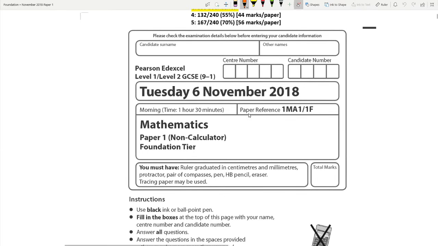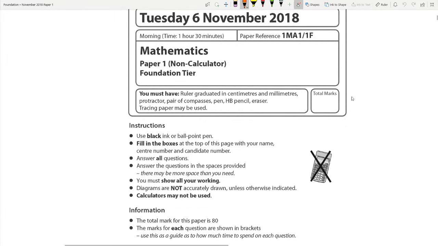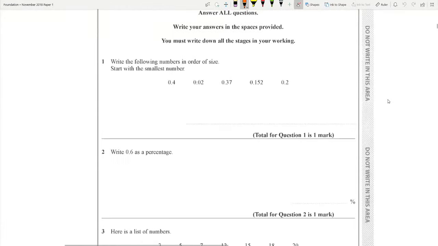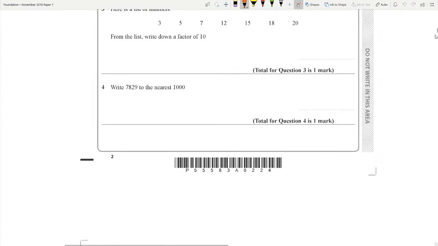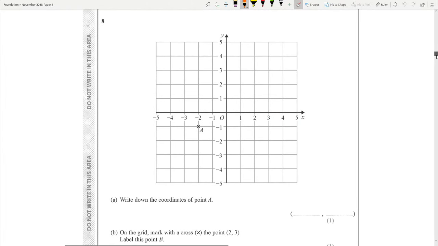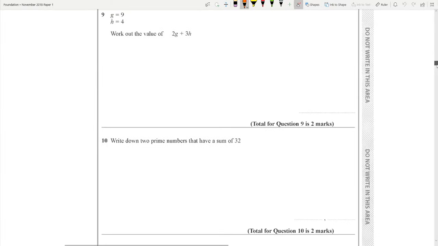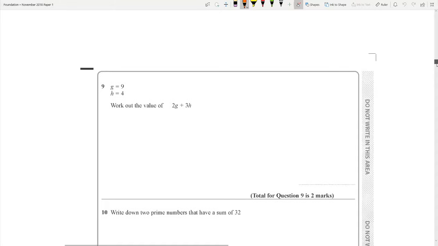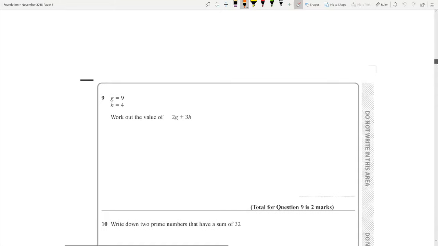Now this is a non-calculator paper. The first thing I always tell my students, whenever you get the exam paper, is to have a quick look through it. If there are any difficult questions, you need to cater for those in terms of your timing. Timing is really important, so you don't get stuck and waste a lot of time on a 1 mark or 2 mark question.